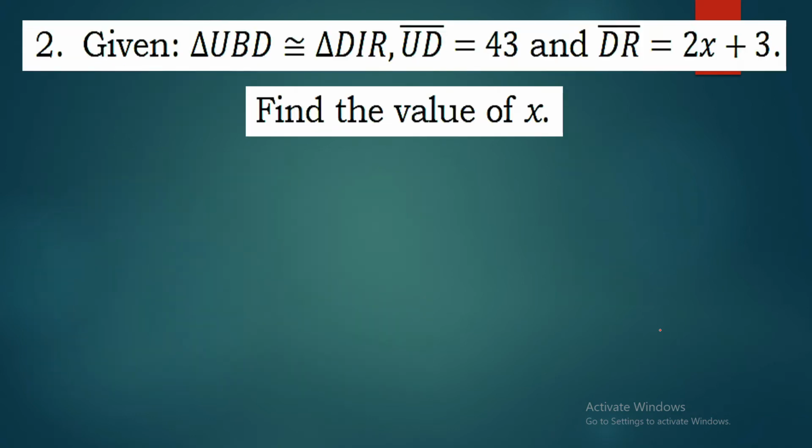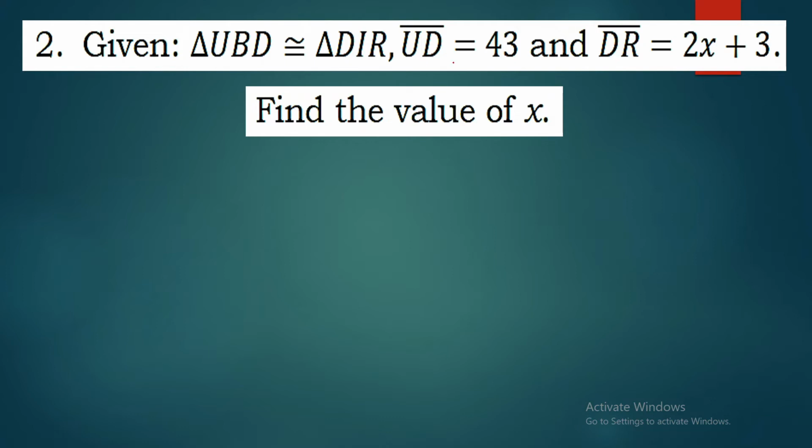Next example. Given triangle UBD is congruent to triangle DIR, and segment UD measures 43 units, and segment DR measures 2x plus 3 units. Find the value of x. First, we have to identify the relationship of those two given sides of the two triangles.